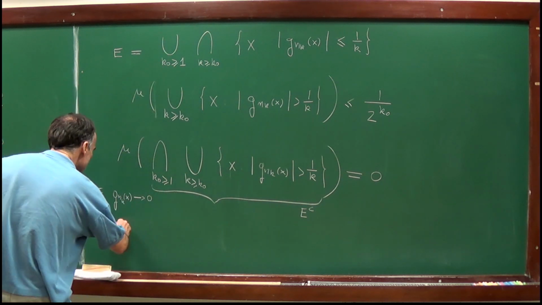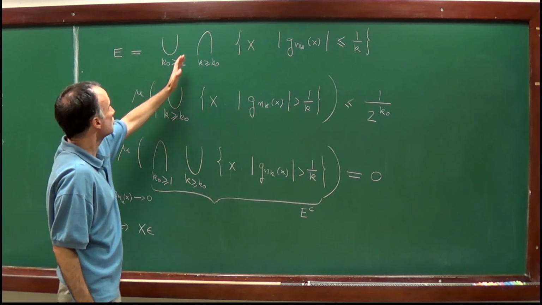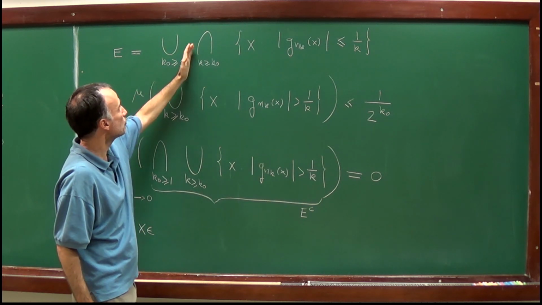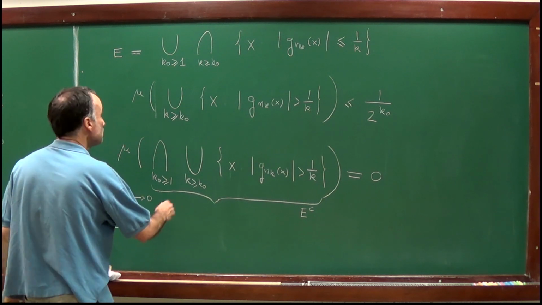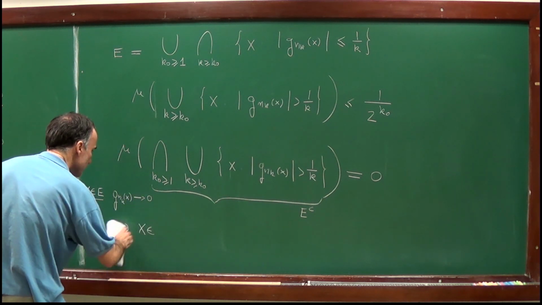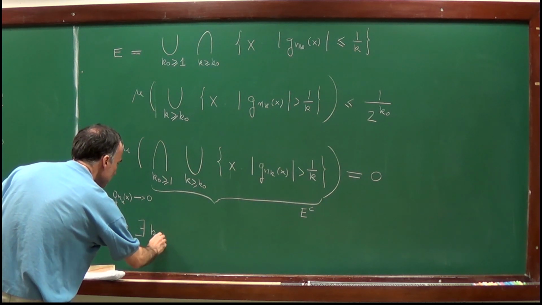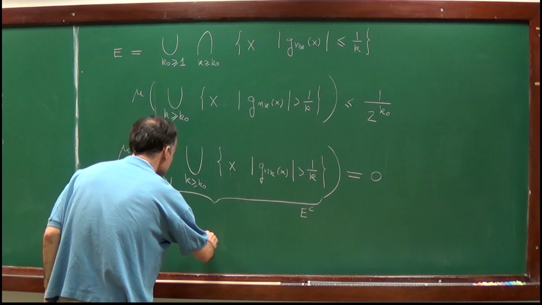So this means that x belongs to one of these. So there exists a k0 such that x belongs to this intersection.